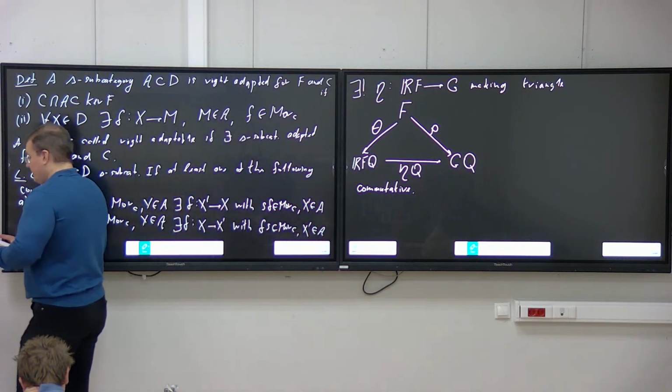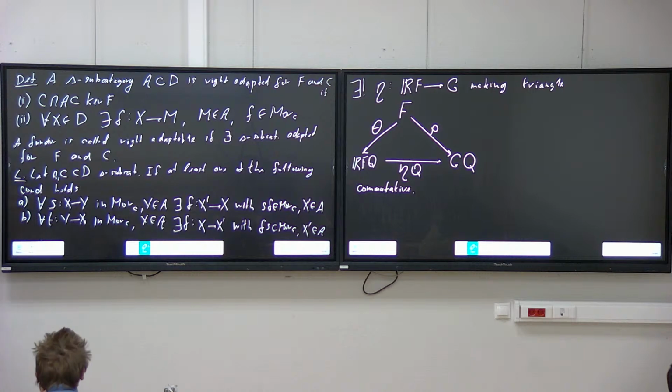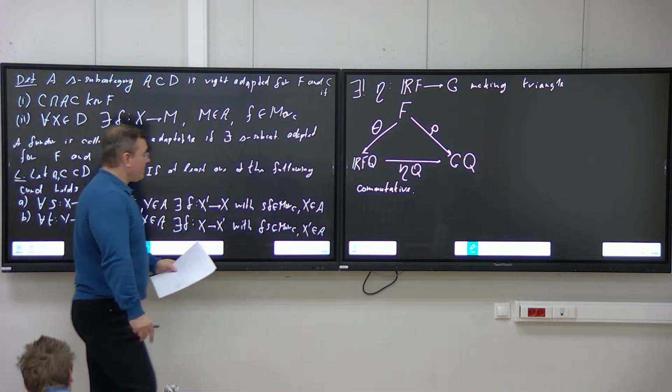What you can notice about these conditions is that if you assume the second condition of the adaptability, this implies, say, condition A of the lemma. So the condition of adaptability is a little bit stronger, but this is what we really need to prove the lemma. So what's the conclusion?